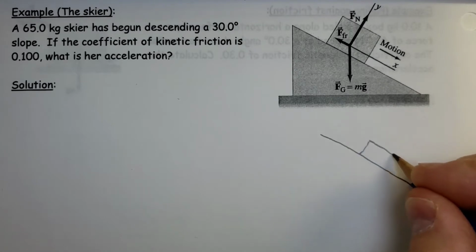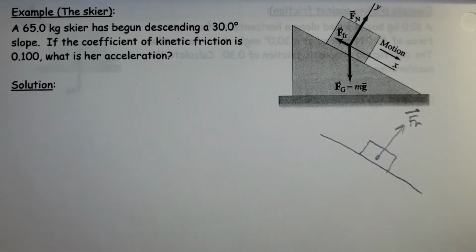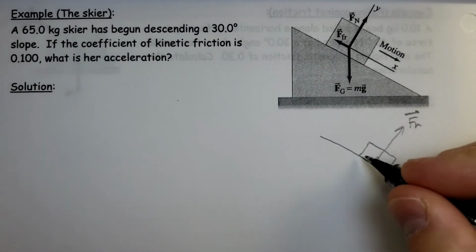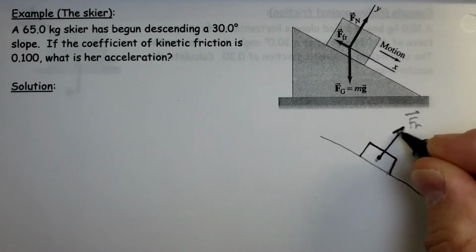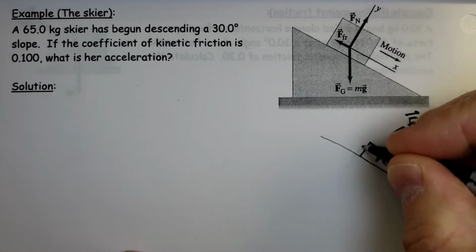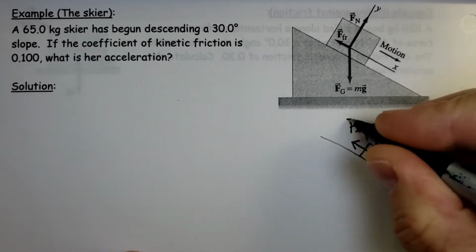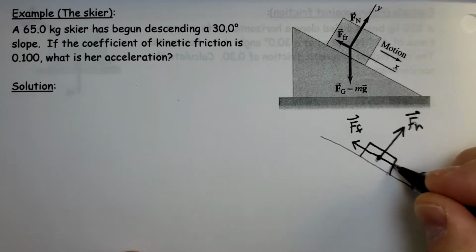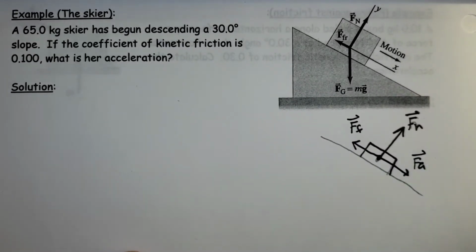So we have Fn, we have Ff working against us, or friction, and then we have this, which we could refer to as the applied force.